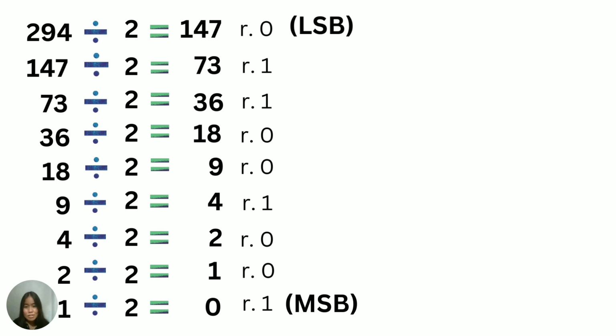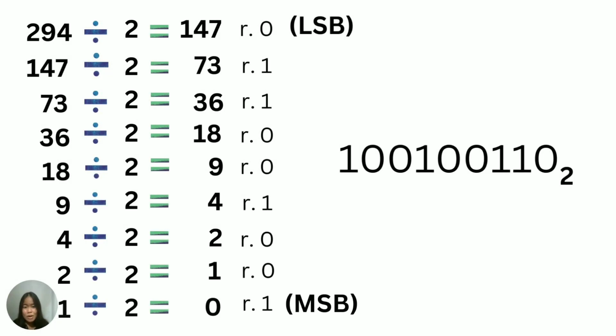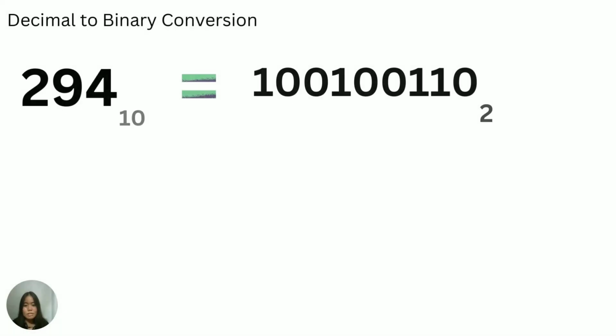This information would be relevant as we proceed to the next step, which is arranging the remainders in reverse chronological order. And as we do so, we obtain 100100110 base 2, which is the binary equivalent of our given decimal number. So now we finally have the equivalent binary value of our decimal number, which is 294 base 10.